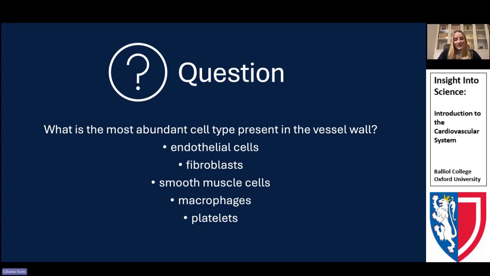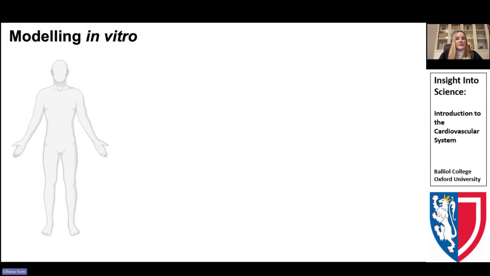Yes, it is smooth muscle cells indeed. Smooth muscle cells are the most abundant cell type in the vessel wall, but because I mentioned that a lot of the cardiovascular diseases originate from the endothelial cell layer, most of the research is focused on endothelial cells rather than smooth muscle cells, which are the most abundant.